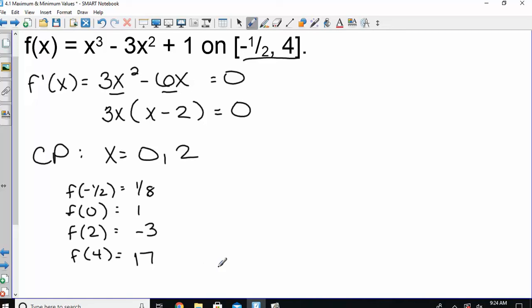Now this isn't going to tell me my local maximums or minimums, but it'll tell me my absolute. What's my absolute min? Absolute max? 17.